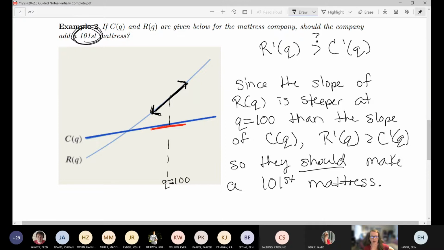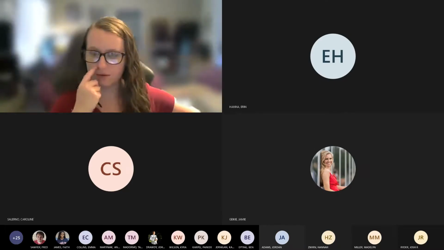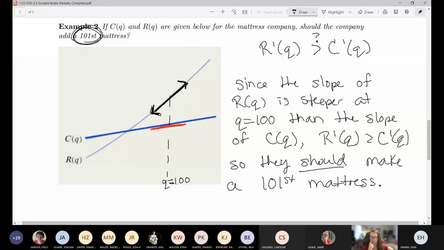We did this the other day, but to talk about making the 101st, you actually want to look at the slopes at 100. So always keep in mind that if you want to talk about increasing production by 1, to say the 101st, you actually want to look at the marginal values at 100.